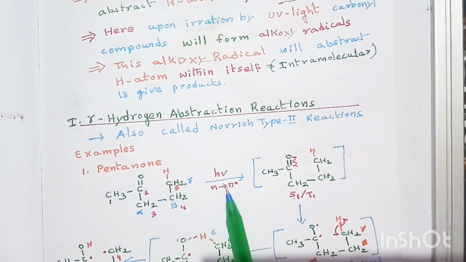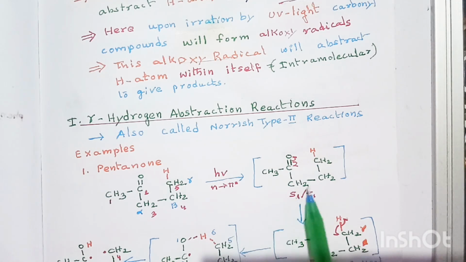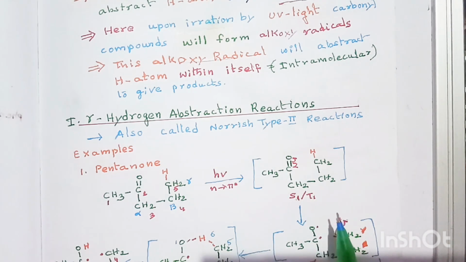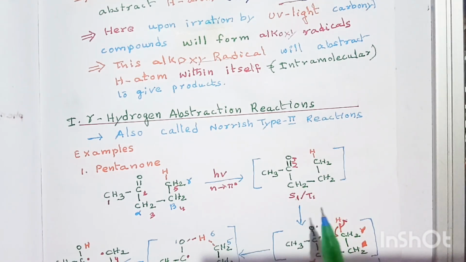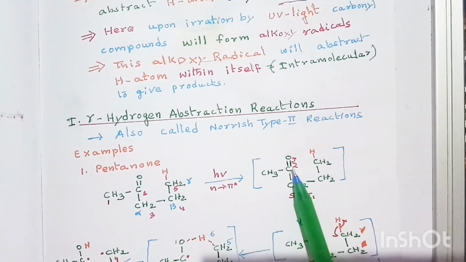When this compound is irradiated by UV light, it undergoes n to pi star excitation and enters singlet state. From there it may enter triplet state or it may remain in singlet state, and the reaction will take place in singlet state itself, because as we have already seen, acyclic ketones can undergo hydrogen abstraction both in singlet and triplet states.